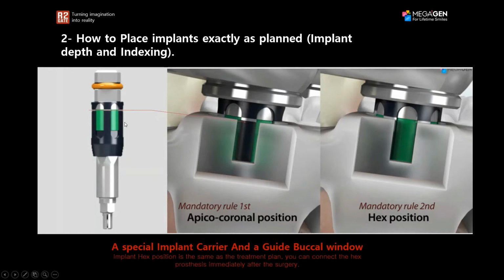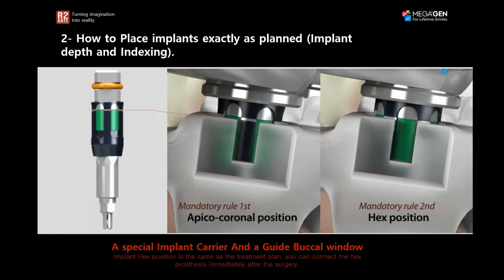When you're placing your implant through the surgical guide, we have two rules that you need to apply. Rule number one, while placing the implant through the surgical guide, I need to make sure that this horizontal marking right here, the silver mark, coincides with the top of the surgical guide, which means this implant has been placed to the correct depth.